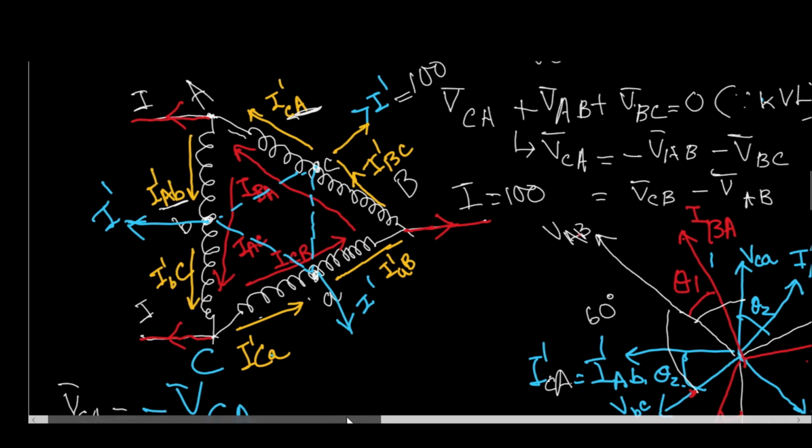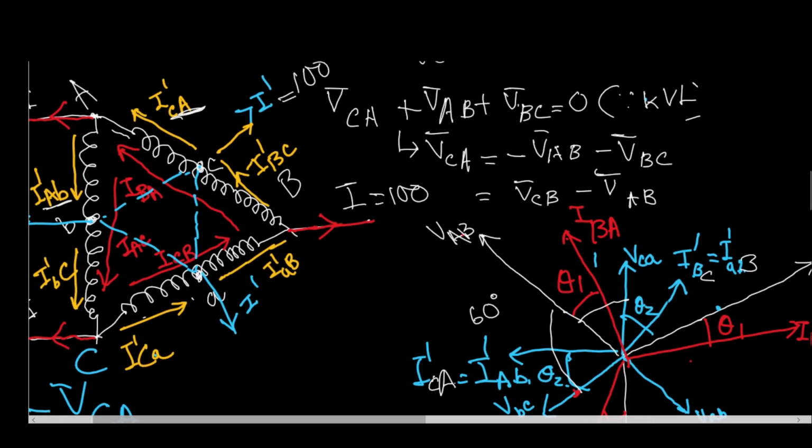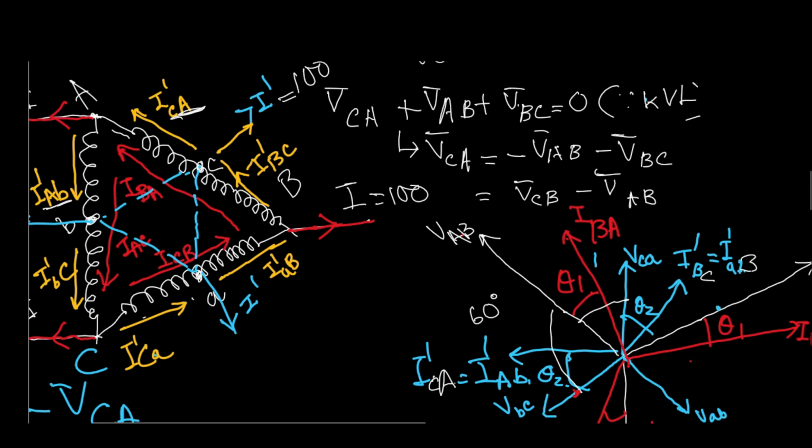VCA, and this angle theta 2 is equal to I'BC is equal to I'AB. Obviously, had we considered it across the load, then it would have become VAC with angle, but here it is the transformer, it is VCA. So you are getting this theta 2.